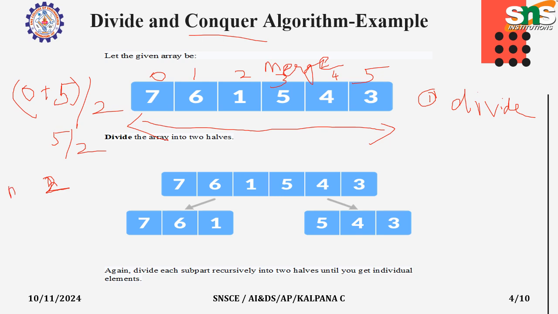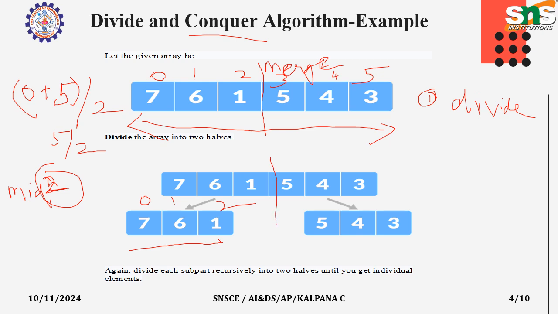So my mid value is 2. Till 2 I am going to split the array. How can I split? I can split my array as 7, 6, 1 at positions 0, 1, 2. I have found the mid value, which is 2. So till 2 is my first array, the left array.